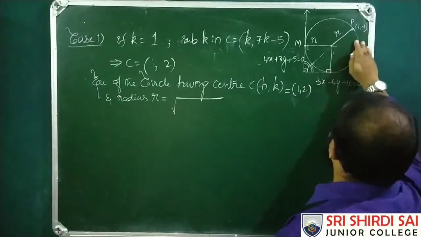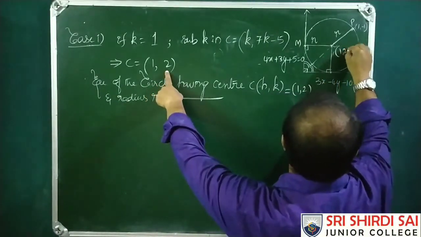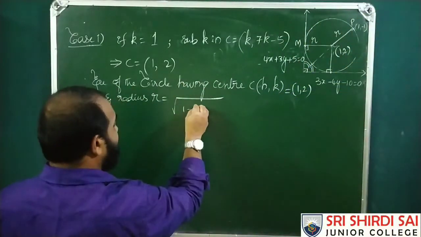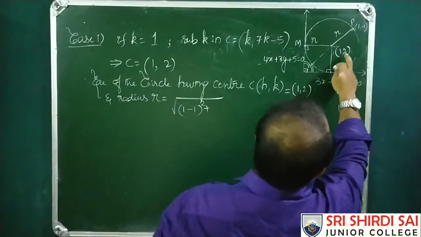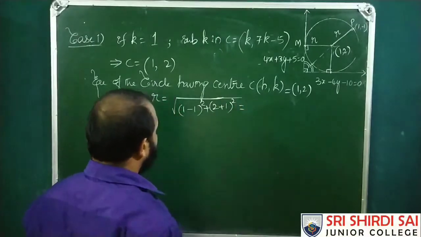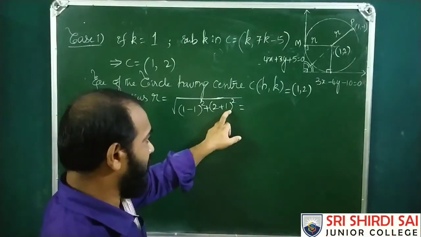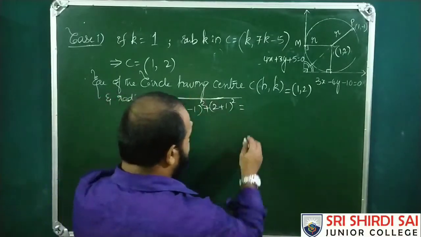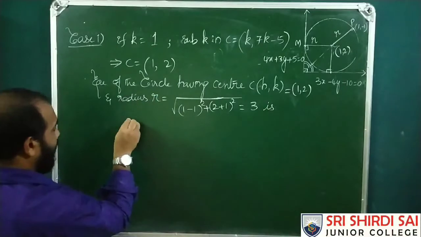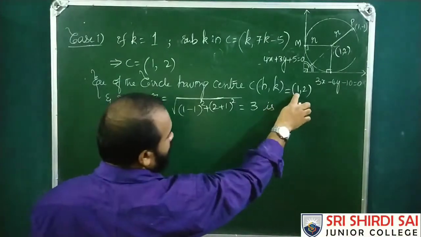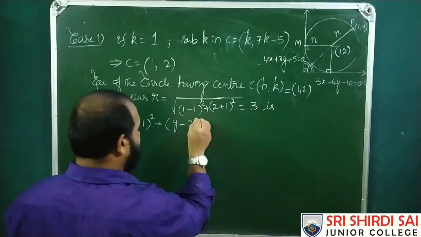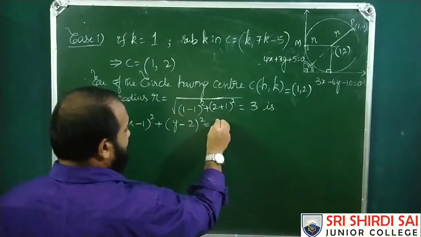Now the center is 1 comma 2, and the radius is the distance between the 2 points. So 1 minus 1 whole square plus 2 minus of minus 2 plus 1 whole square, that is 0, 2 plus 1 whole square, 3 square, 9 under root, so 3. So x minus 1 whole square plus y minus 2 whole square is equal to 3 square.